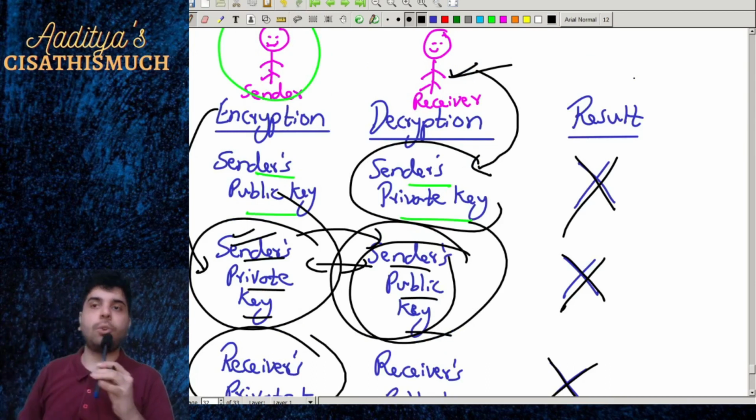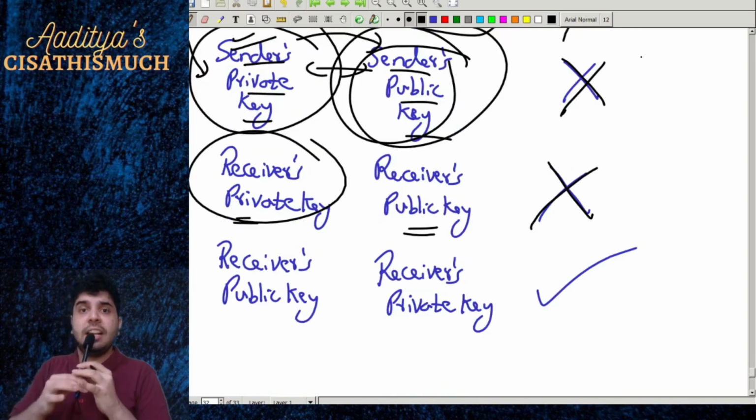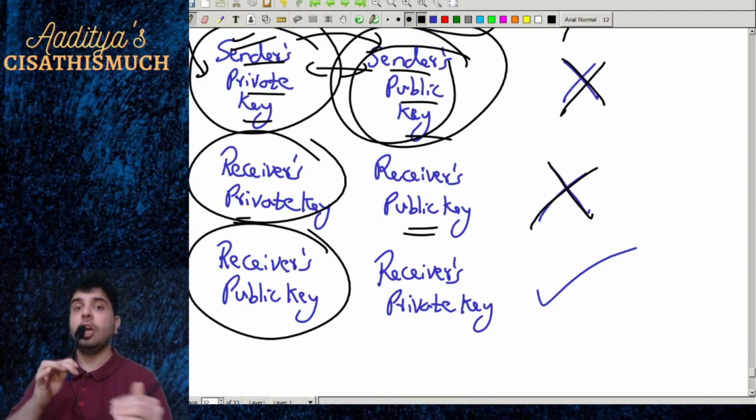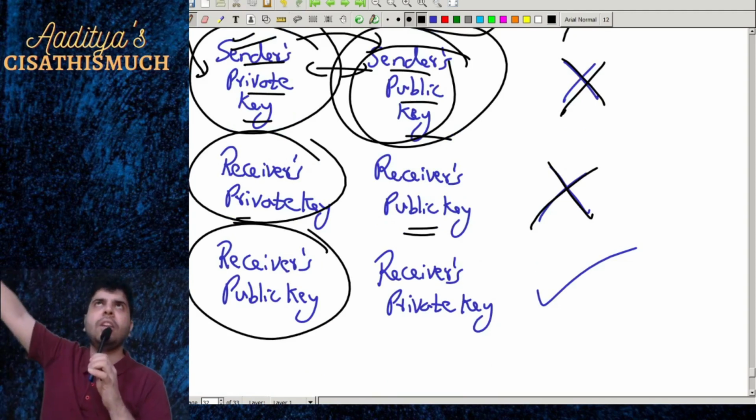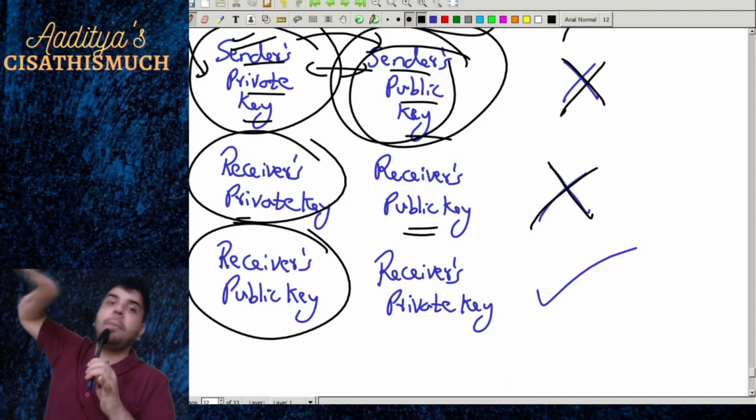Let's look at the 4th combination. The sender is encrypting the data using the receiver's public key. Can the sender have the receiver's public key? Yes, the receiver's publicly available key.